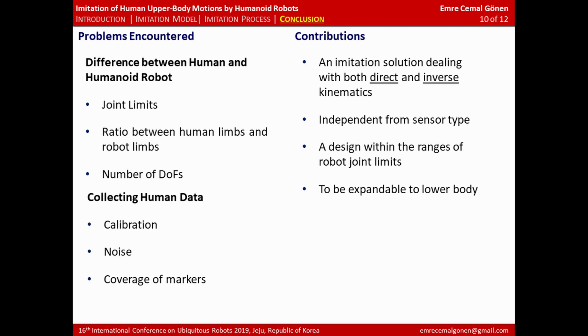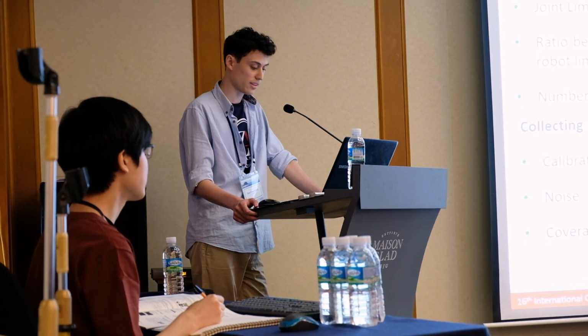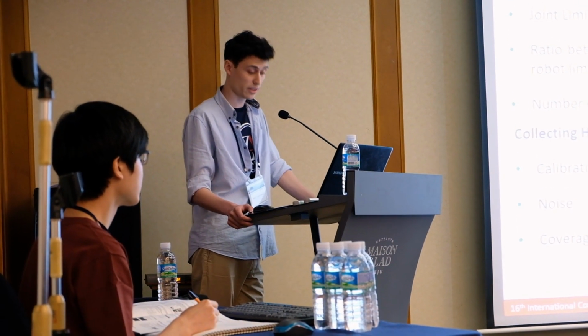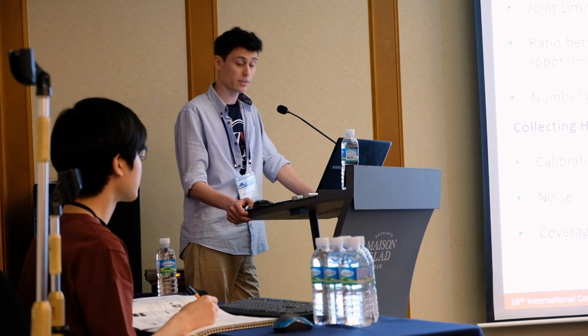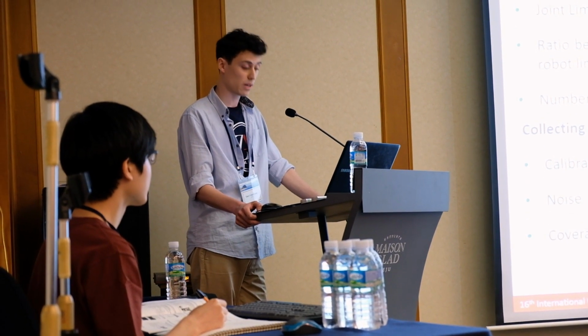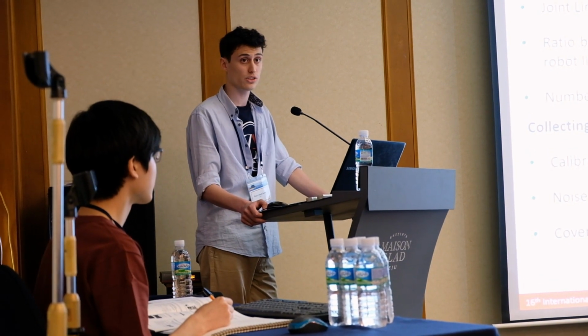In addition to that, the humanoid robot has fewer degrees of freedom compared to a human. Also, we encountered some problems while using sensors. Dealing with their calibration and noisy data makes our imitation solution complicated. Also, in motion capture systems, marker positions are quite important. We shouldn't hide markers while we are performing our gestures.